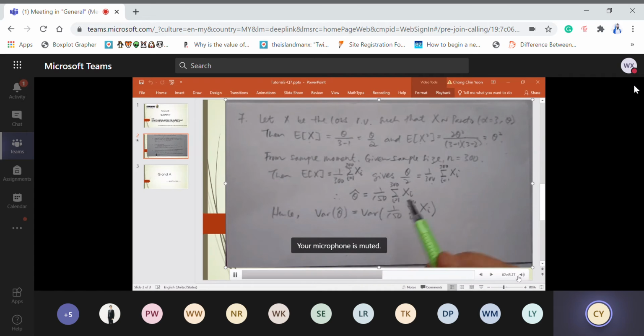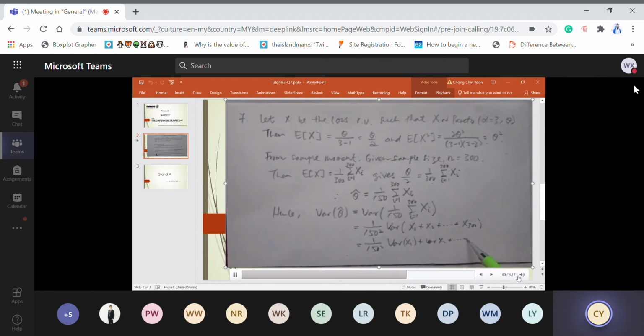and this constant you can bring out, that becomes 1 over 150 squared, and the variance of this summation, that is x1 plus x2 plus until x300, is equal to variance of x1 plus variance of x2 plus until variance of x300.